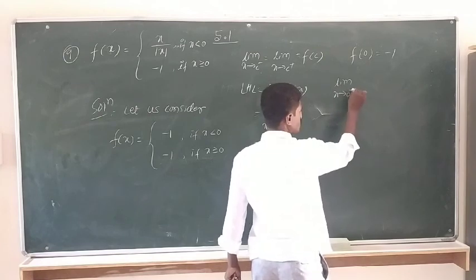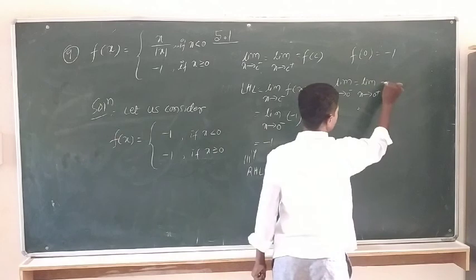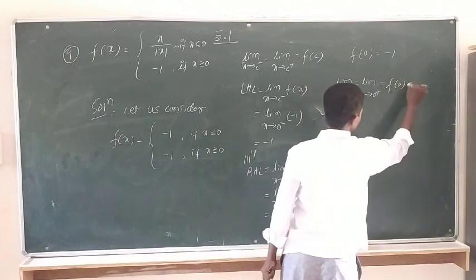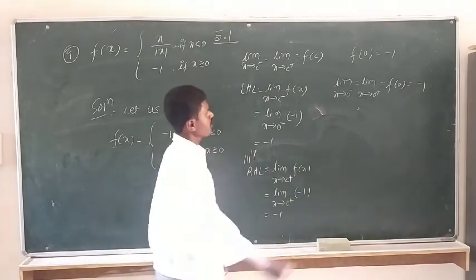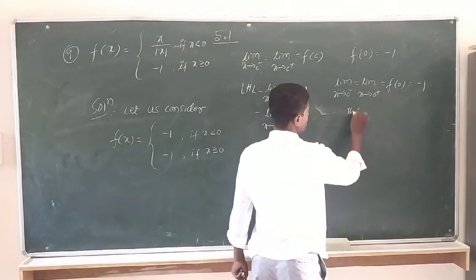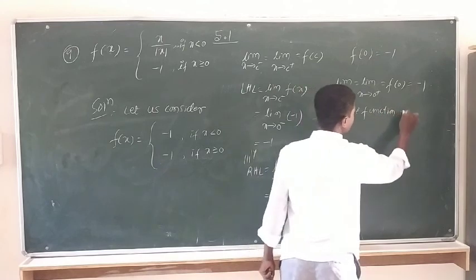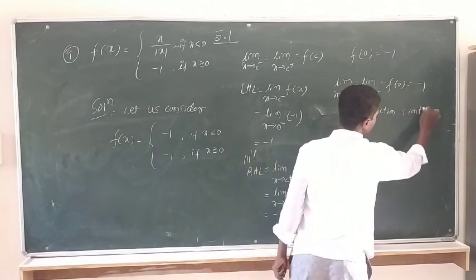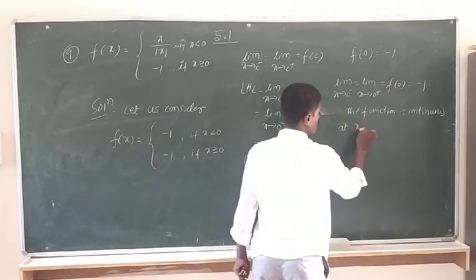The limit as x tends to 0 minus, the limit as x tends to 0 plus, is equal to f of 0, which is equal to minus 1. Hence, all the three terms are equal. Therefore, the function is continuous at x equals 0.